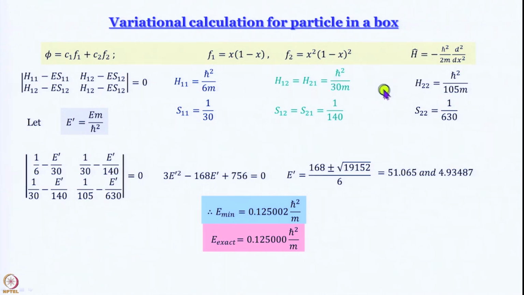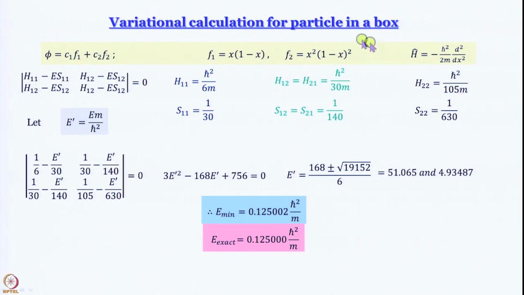This is the Hamiltonian, minus h cross square by 2m d2 dx2. We wrote this secular equation and found the expressions for all of these matrix elements H11, H12, H21, H22, S11, S12, S21, S22.